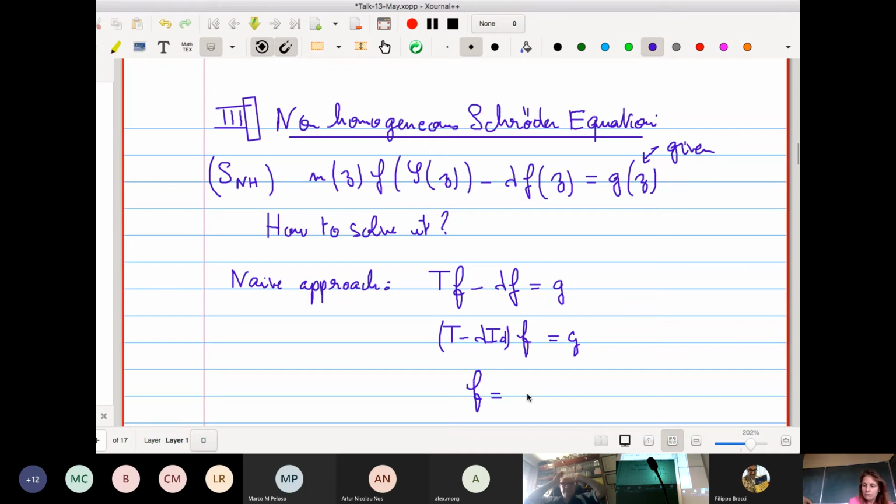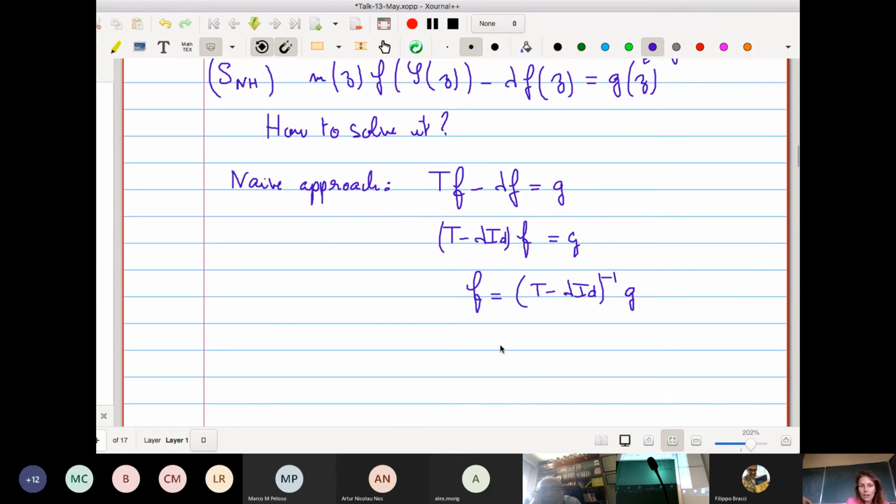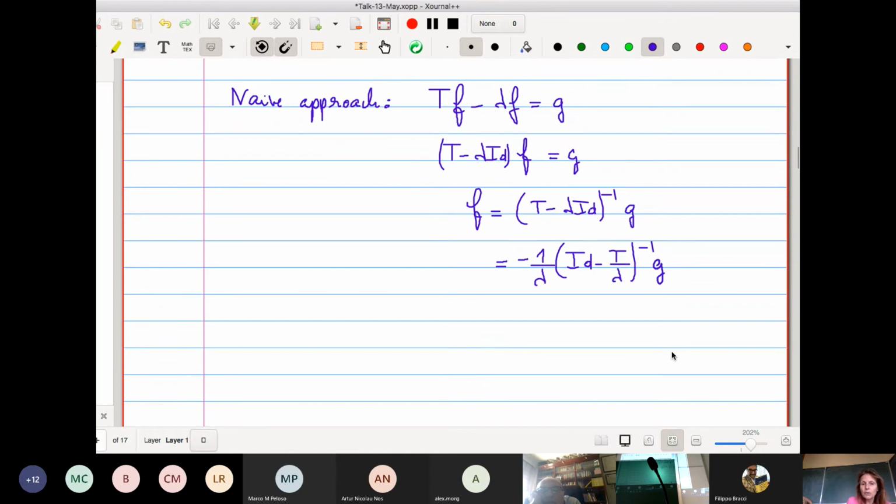So you would like to write that it's the resolvent applied to g, which is minus 1 over lambda identity minus T over lambda, inverse, applied to g, and you get a series. So that's a very naive approach.